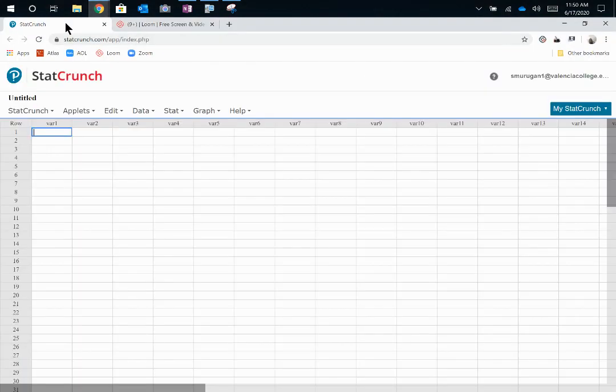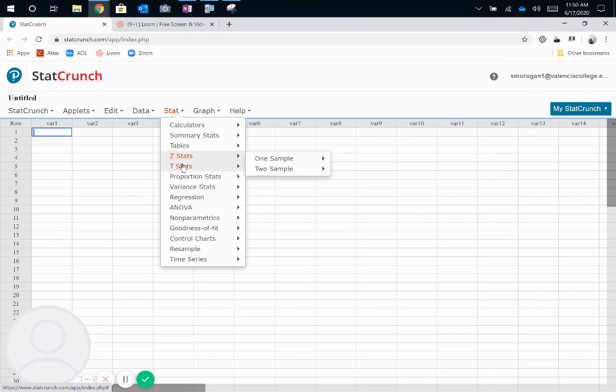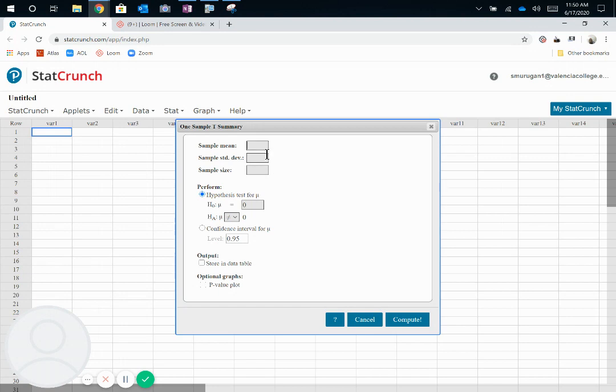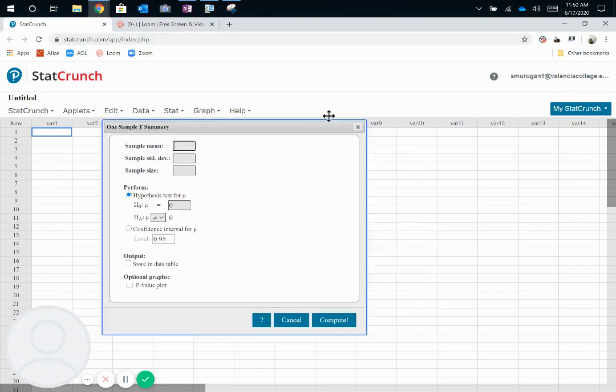So I have StatCrunch open here. And we use t-stats. Okay, t-stat, one sample with summary. Type in your sample mean.